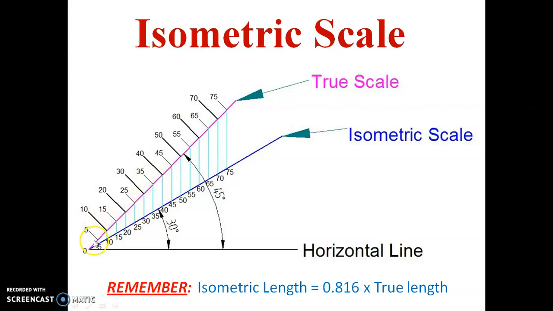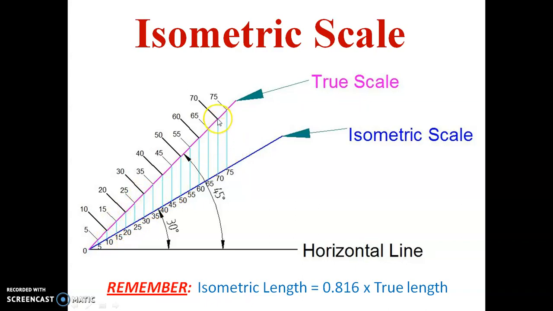So if you have marked all the dimensions of true scale on this 45 degree line, and if you project them down on the 30 degree line vertically down, you will be getting the isometric length. So these are the projected from 5, 10, 15, 20, 25, 30 and so on.